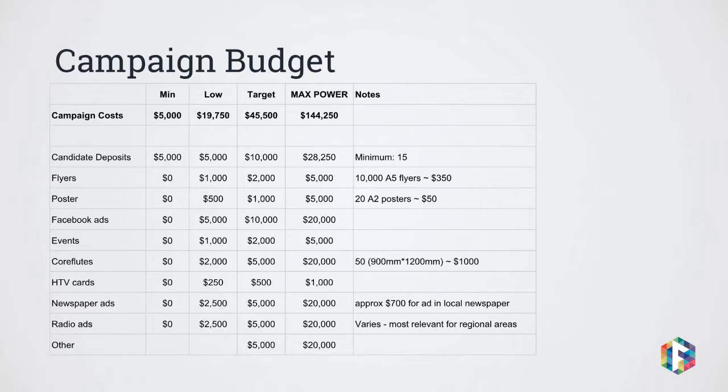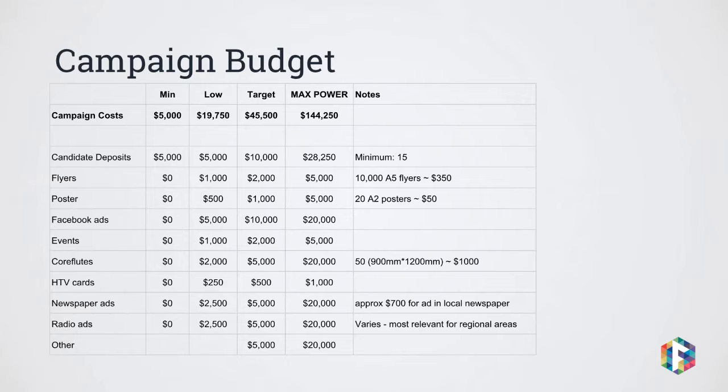So our target for the campaign would be, if we were able to run 15 upper house candidates and then another 10 to 20 lower house candidates, which would mean we would have candidate deposits in the region of $10,000.